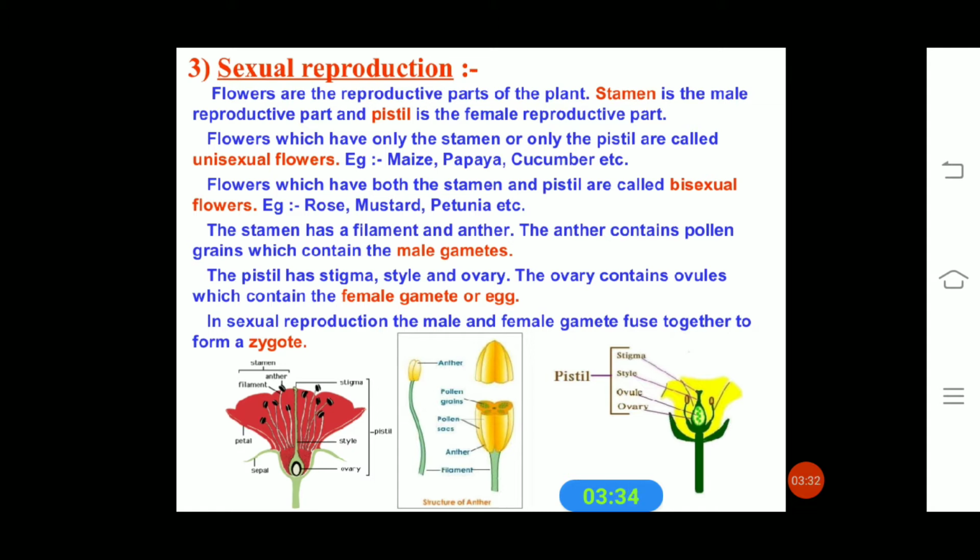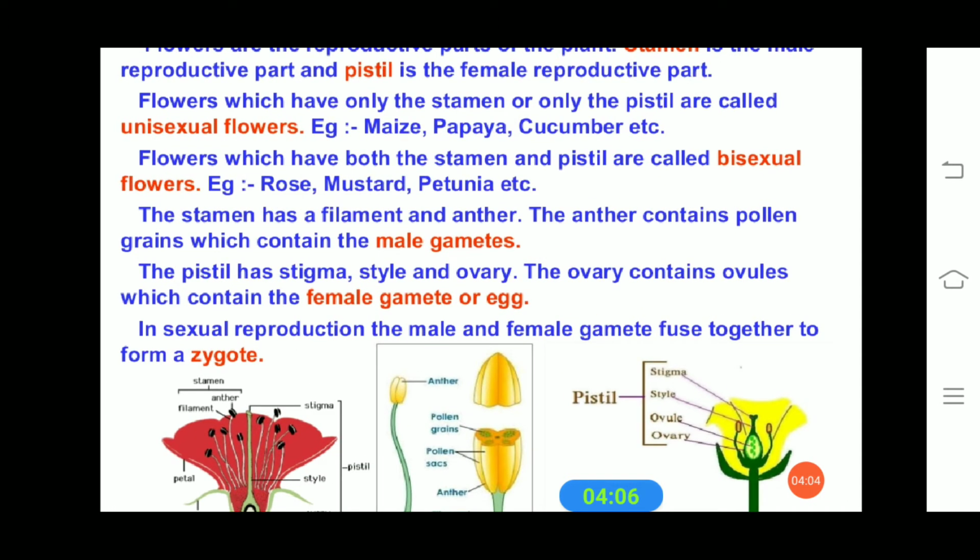Means in this type of flower we can see only one type of reproductive part: either the male reproductive part, the stamen, or the female reproductive part, the pistil. Examples of unisexual flowers are maize, papaya, cucumber.